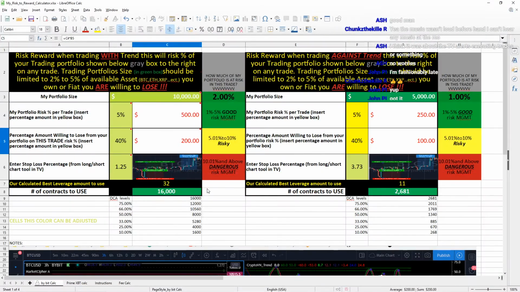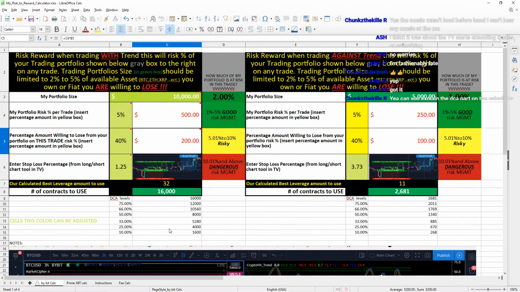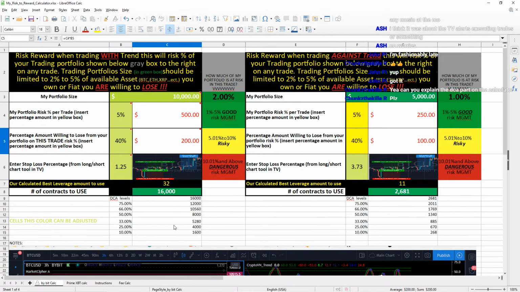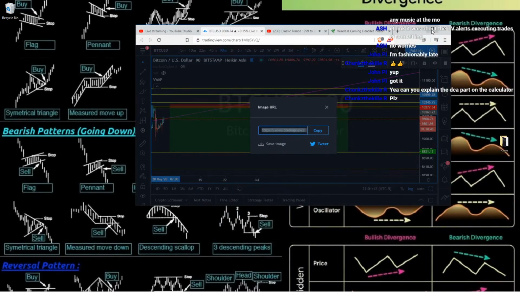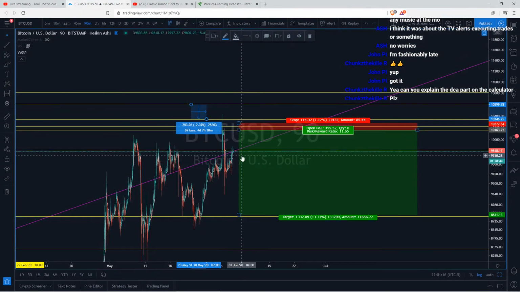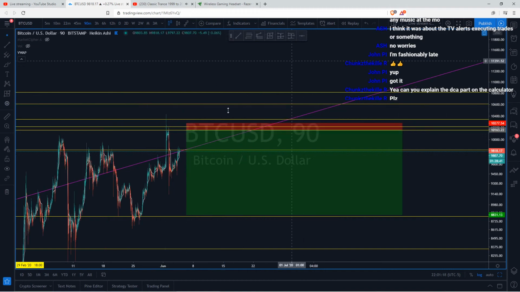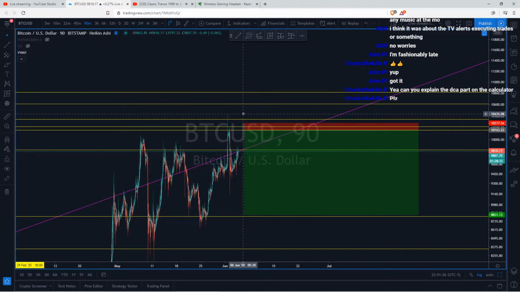Now, there's another spot in this spreadsheet, these DCA levels. What I use the DCA levels for is if I'm not super confident on a trade, and if you look at the ones that we were just talking about, this might even be a good spot for, say, DCA levels.